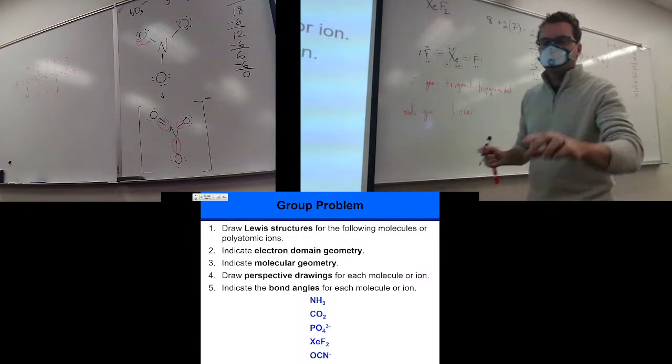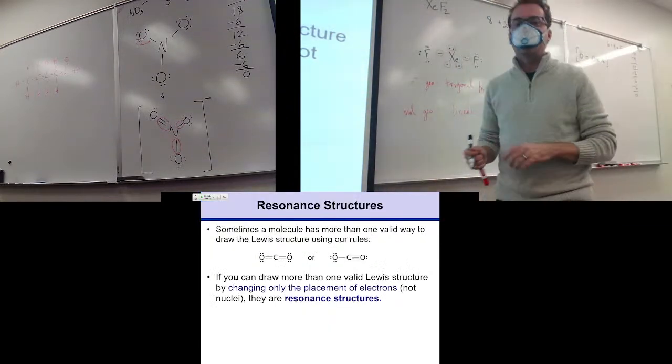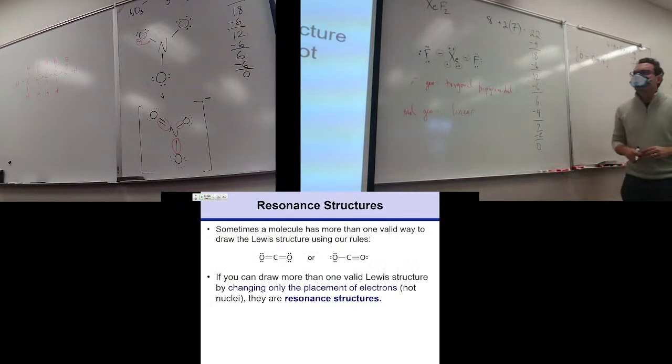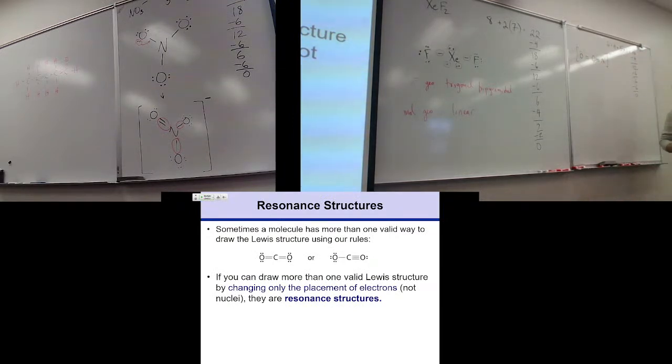So this is where we're going to get into something called resonance structures. Sometimes there's more than one way to draw the Lewis structure that fits the rules, so everything has an octet, everything's fine. That was the case here. I could have done 2 lone pairs from the oxygen, or 2 lone pairs from the nitrogen.